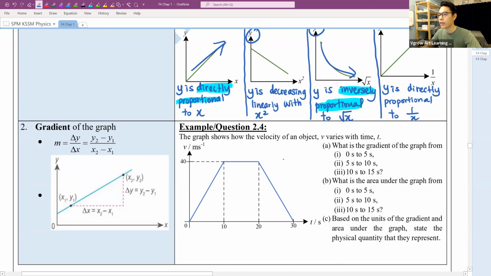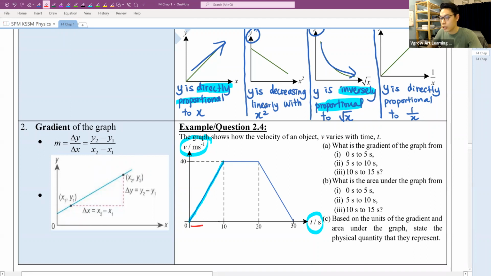If the graph goes up like this, it means that as the time increases, we are talking about v varies with t, that means velocity against time.